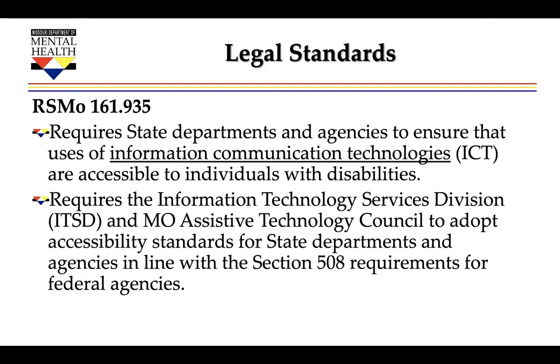This requires that the State Information Technology Services Division and Missouri Assistive Technology Council work together to adopt standards for accessibility that state departments and agencies are to use. And these are required to be in line with the Section 508 requirements that apply to federal agencies. So basically, we're taking the accessibility standards that federal agencies use for ICT, and we're applying those to state agencies here in Missouri.